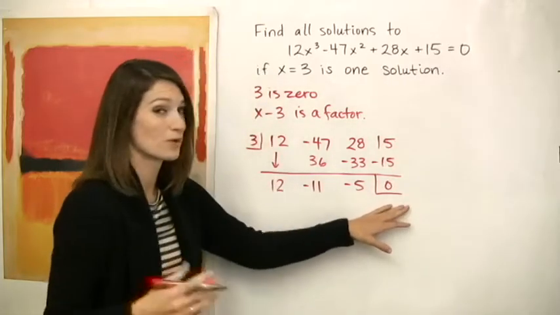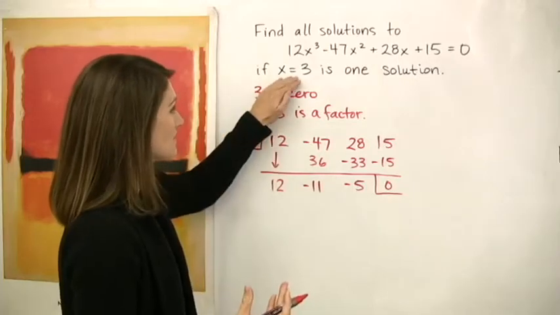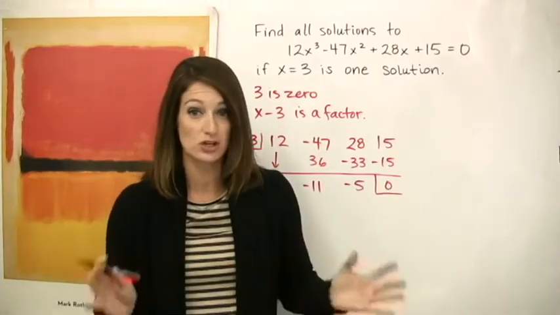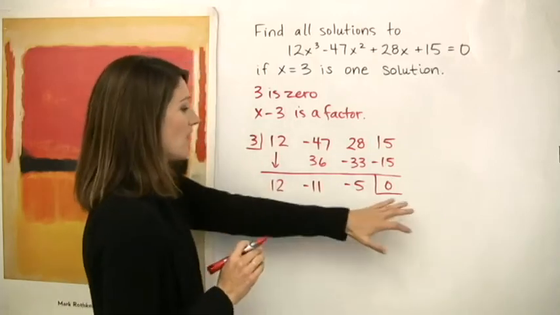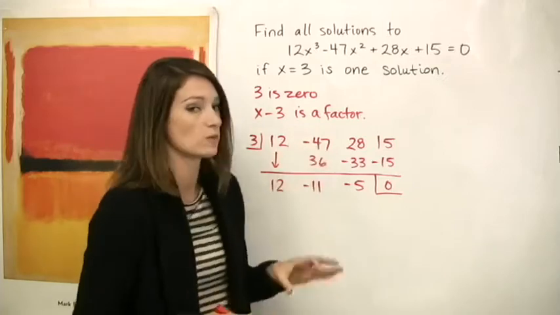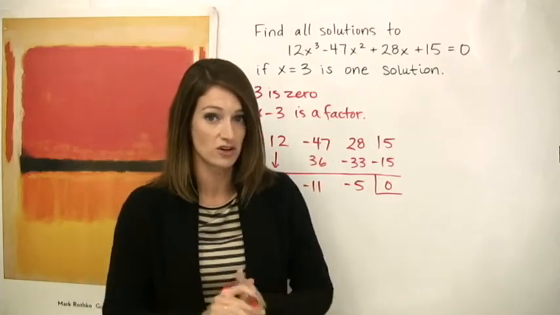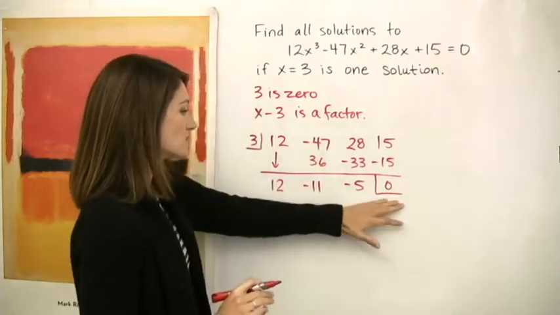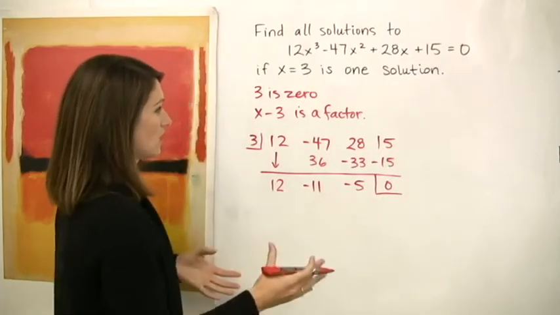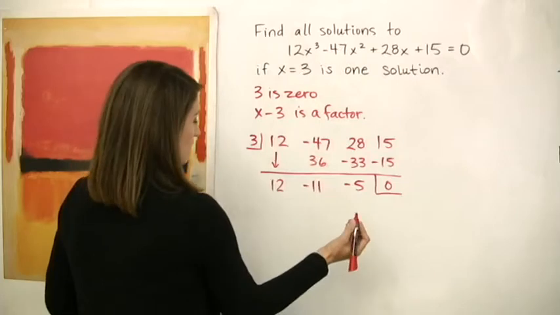Now that works out with a remainder of 0 because we know that x equals 3 is a solution, therefore x minus 3 is a factor, so there shouldn't be any other remainder other than 0. Now up until now in this section when we've been working with synthetic division, we've only been concerning ourselves with the remainder, but this is important here because we're going to use this solution in order to create another factor for this function.